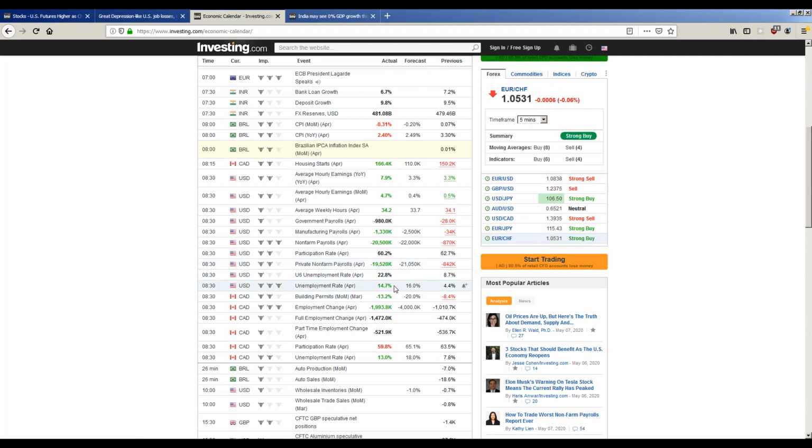Unemployment rate, not 16%, 14.7%. Okay, amazing that jumping from 4% unemployment rate to over 14% unemployment rate is deemed good news, but that's the situation right now. Better than expected news on all of these numbers, but still ugly numbers. Keep that in mind as well, but better than expected.